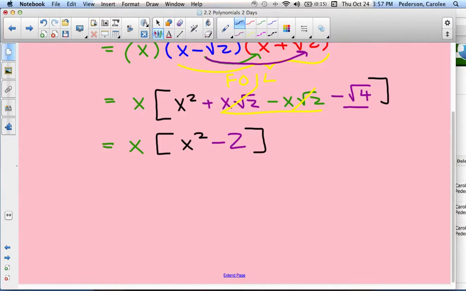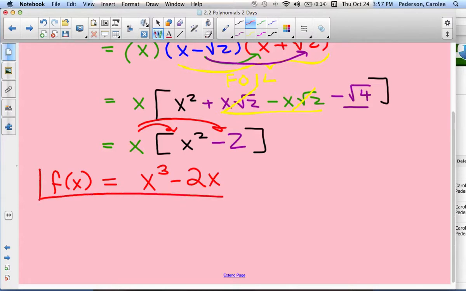Now we'll FOIL, or not FOIL, distribute this x through. So we get x times x squared is x cubed, and then x times negative 2 is negative 2x. And then rewrite it in function notation. So our answer is f of x equals x cubed minus 2x.